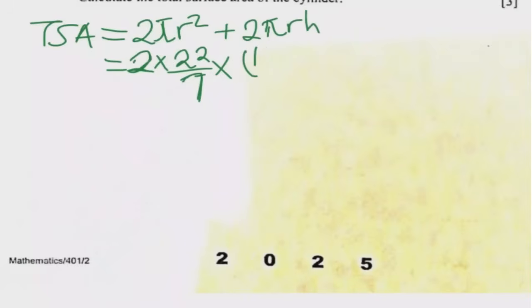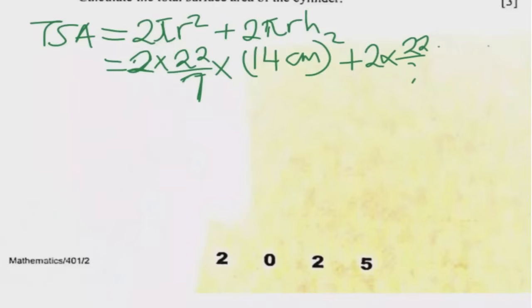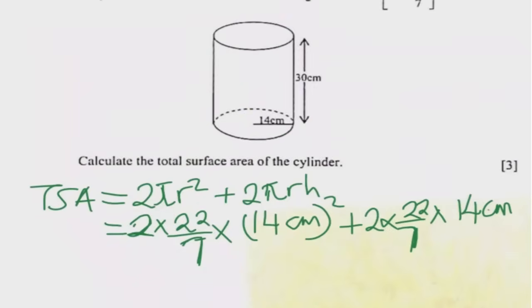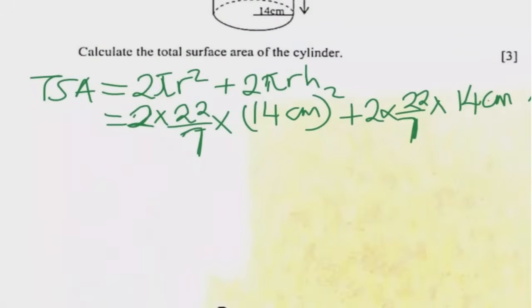We open bracket to say 14 centimeter squared plus 2 times pi, which is 22 over 7, times radius. We have 14 times 14 centimeter, then times height. Now we are told the height is 30 centimeter, so we say times 30 centimeter.